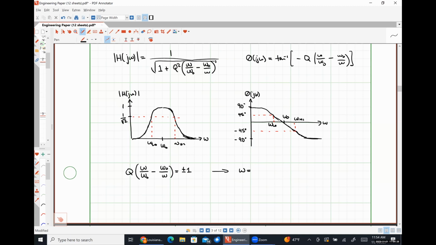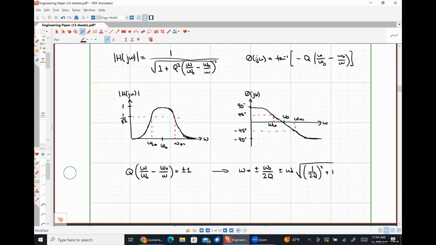I will have omega is equal to plus or minus omega naught over twice Q, plus or minus omega naught times the square root of 1 over 2Q quantity squared plus 1.